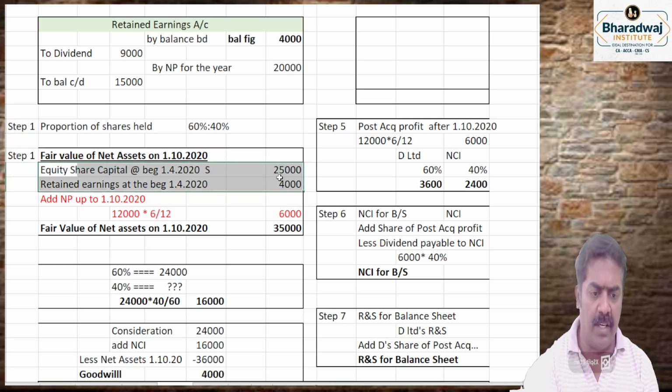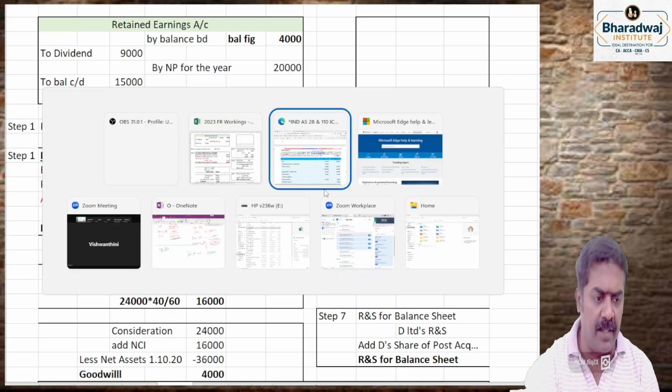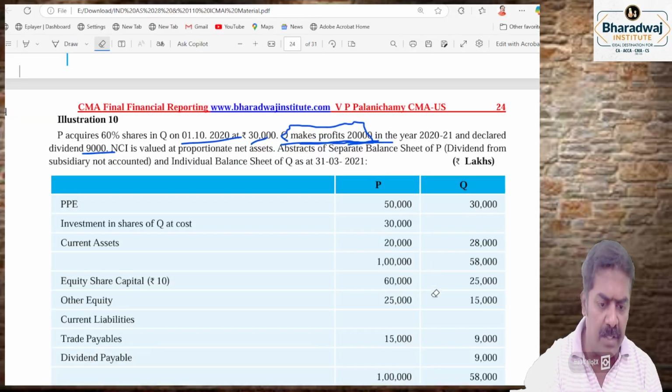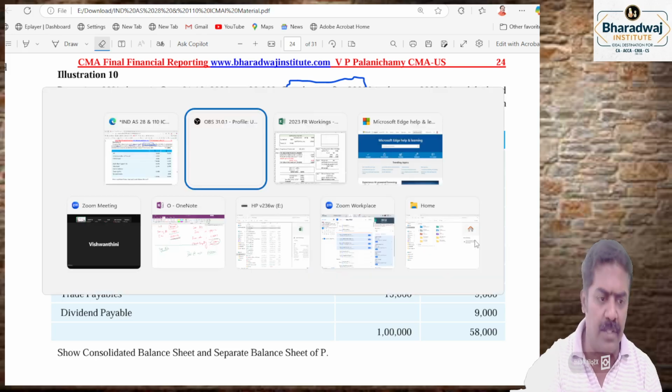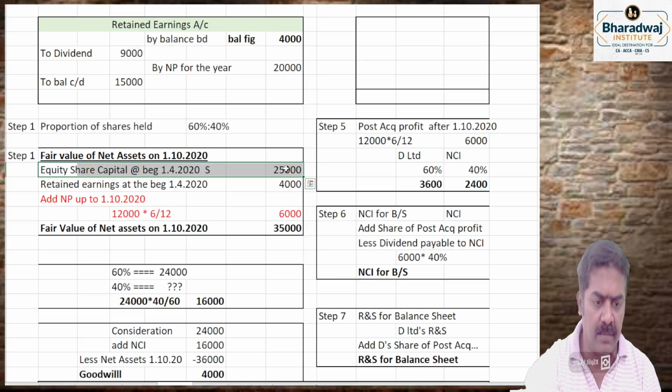What is the equity share capital of the subsidiary company at the beginning of the year? No change, so 25,000. Retained earnings at the beginning of the year, 4,000.